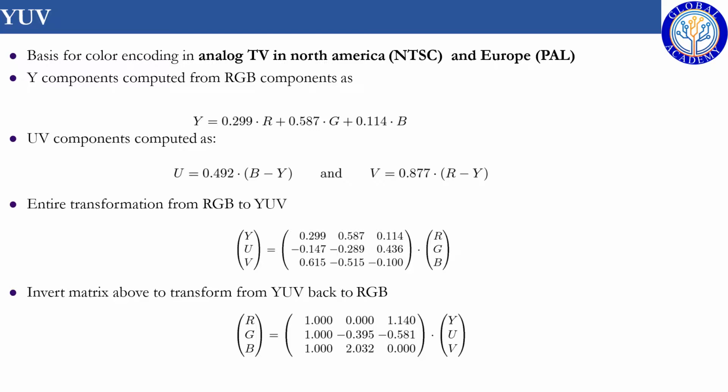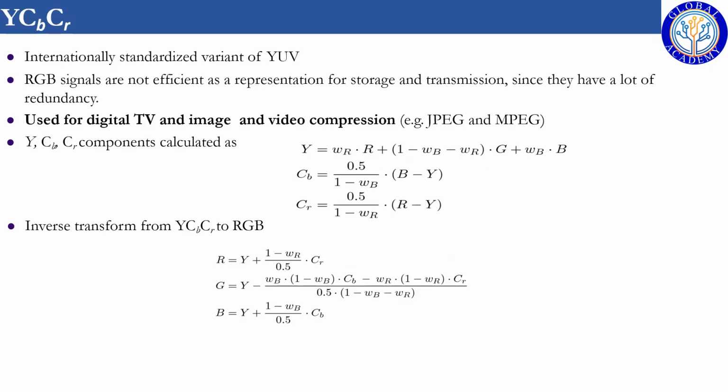Similarly we can write it in matrix form. Say we have the RGB components, multiply this vector with this 3 by 3 matrix, and you will get YUV. And similarly for the reverse transformation, if you have the YUV components, multiply them with this matrix and you will get RGB.